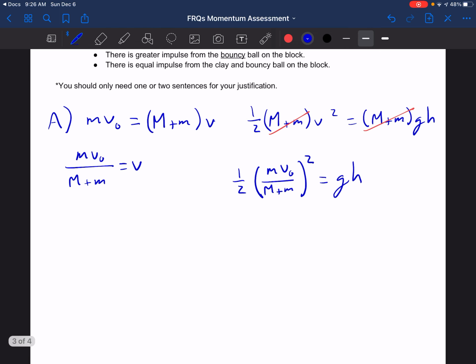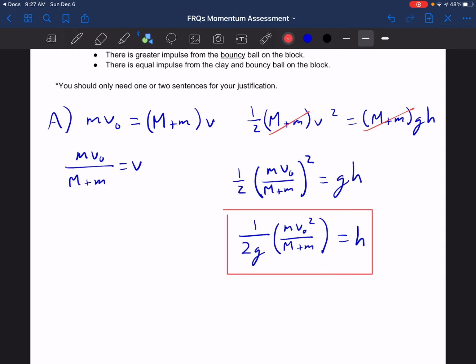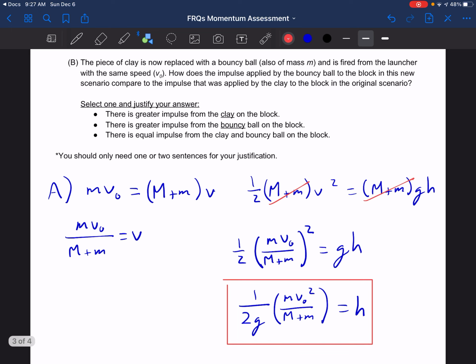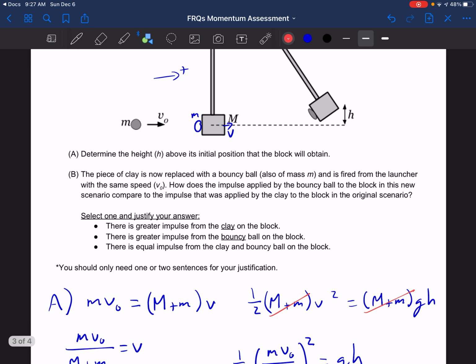And now I just want to solve for h. So if I solve for h, I get 1 over 2g, m v naught squared over big M plus little m. That is equal to h. So there I go. There is my answer to this question. That's part A, assuming I didn't make any mistakes.